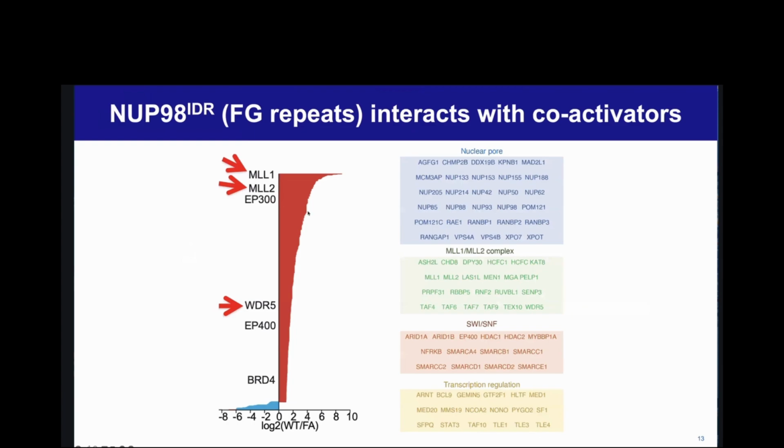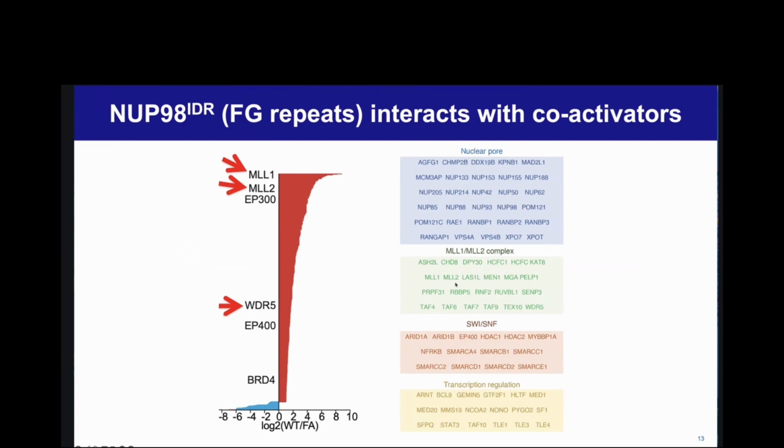And you see the enrichment in the wild type fusion, which means you have FG repeats, but not compared to the AGs. And you see several classes of complexes that have been pulled out, which are enriched in the wild type fusion, which includes, notably, the so-called MLL complex.